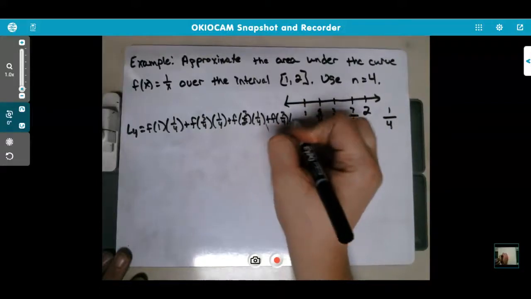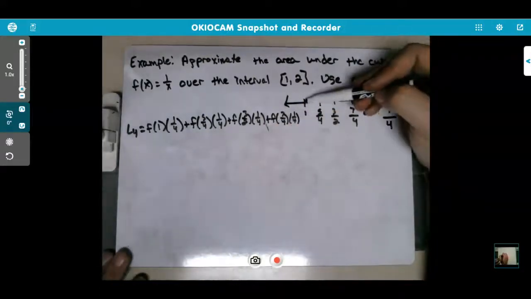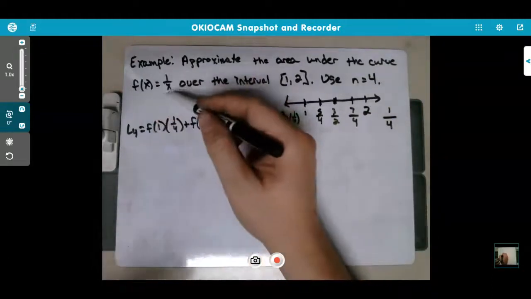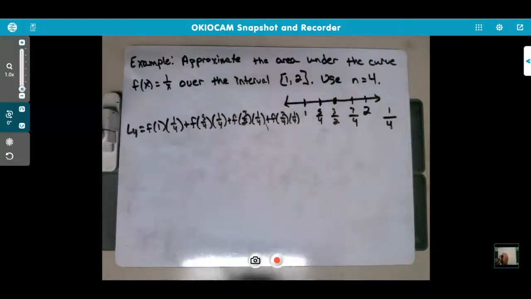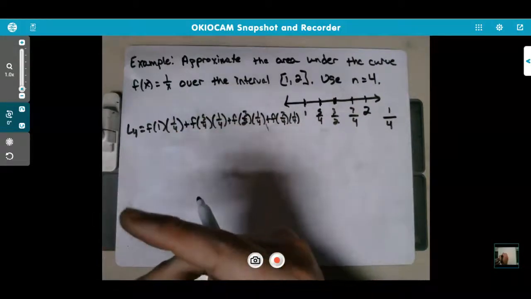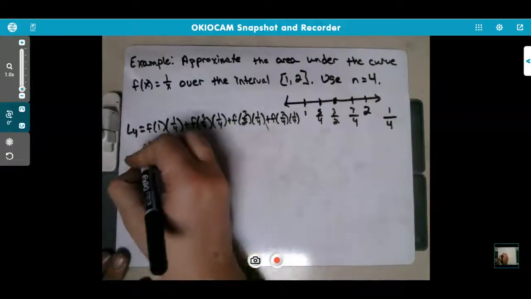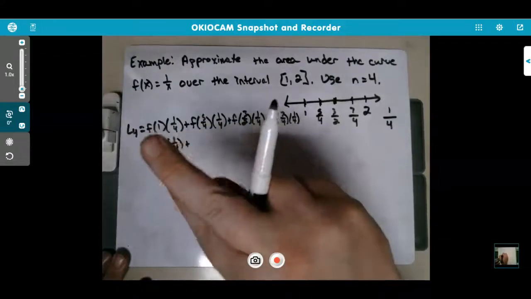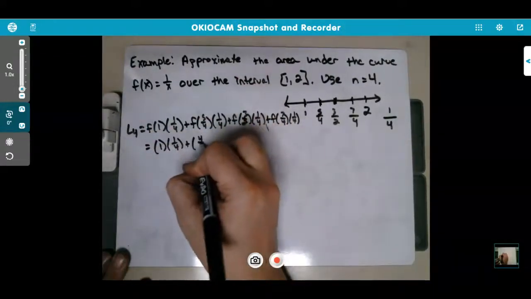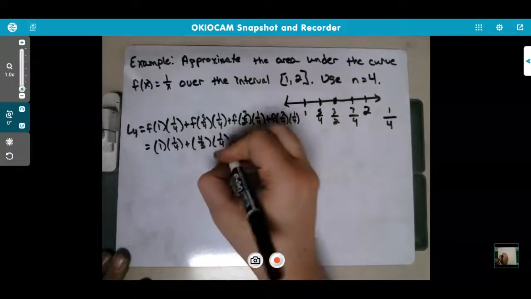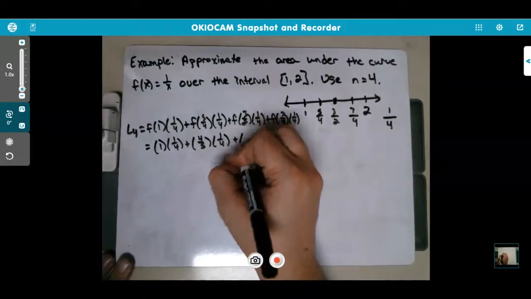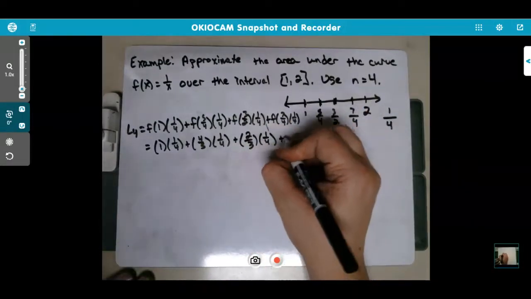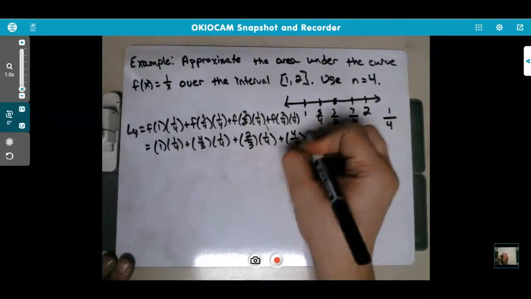Again, because I'm using all of the left-hand points, so the left for each part. 1 over x, remember what's really nice about that is I can just flip the fraction, right? So f of 1 would just be a 1. So 1 times 1/4. F of 5 over 4, I can just flip it and it makes it 4 over 5. F of 3 over 2, again, I can just flip that, so it's 2/3. Same thing with 7 over 4, I can just flip that, 4 over 7 times 1/4.